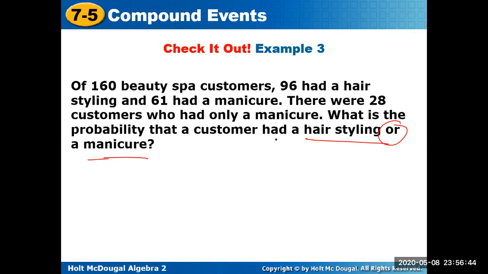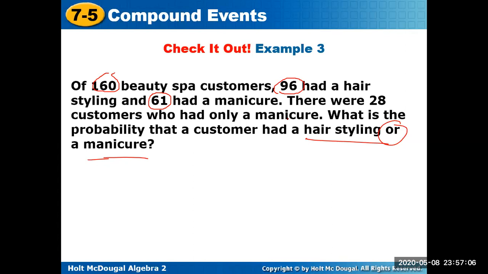Now, first of all, represent using the Venn diagram. Total 160. So 96 did hair styling, and 61 had manicure. There were 28 customers who had only a manicure.